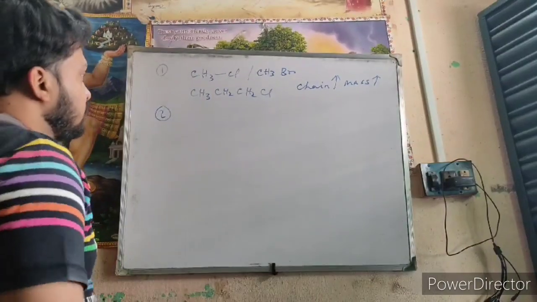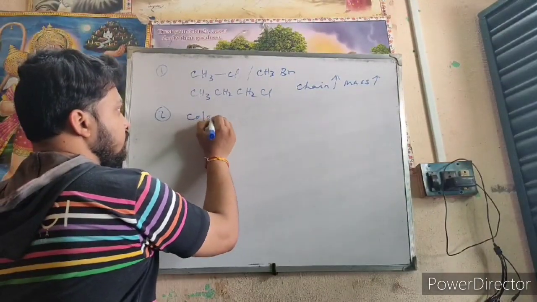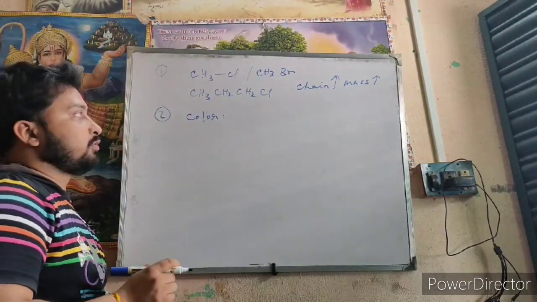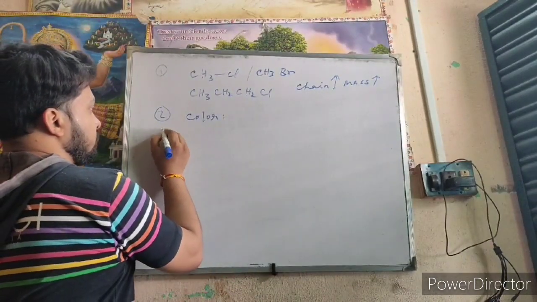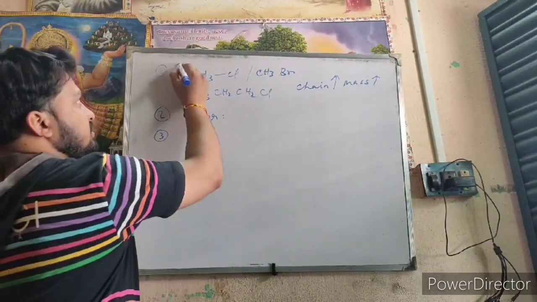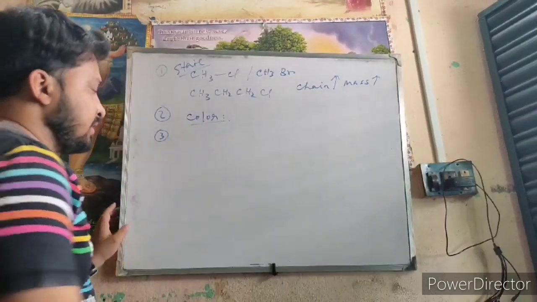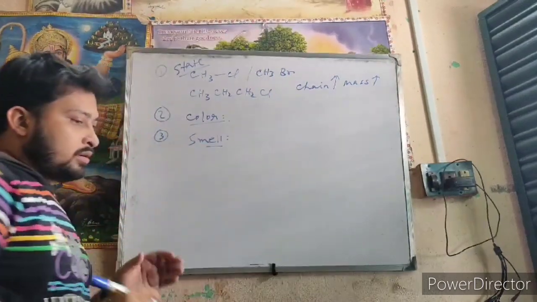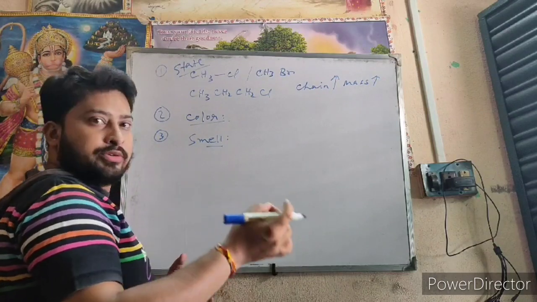Number two physical property is color. There is no color in the pure form, so it is colorless in pure form. This is state, this is color. Third is smell. These are volatile and have a sweet smell.